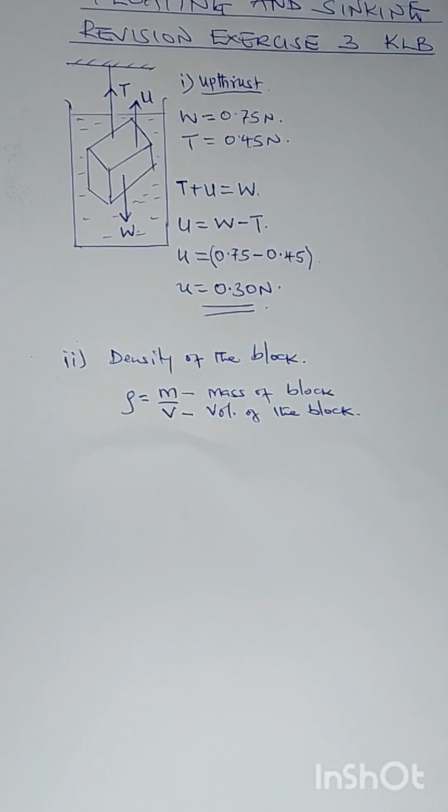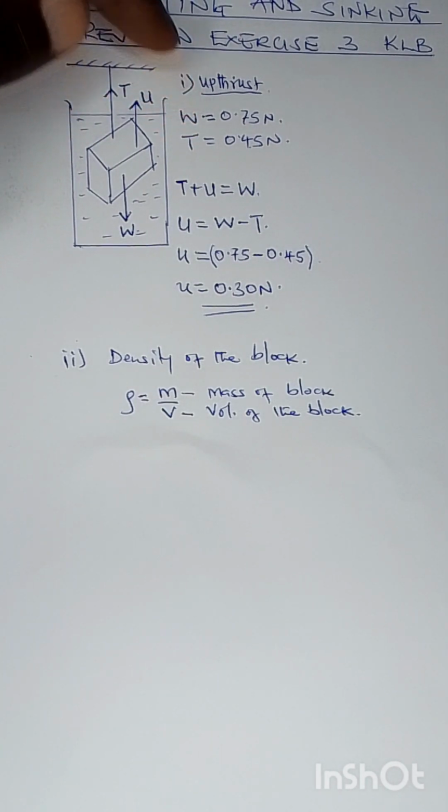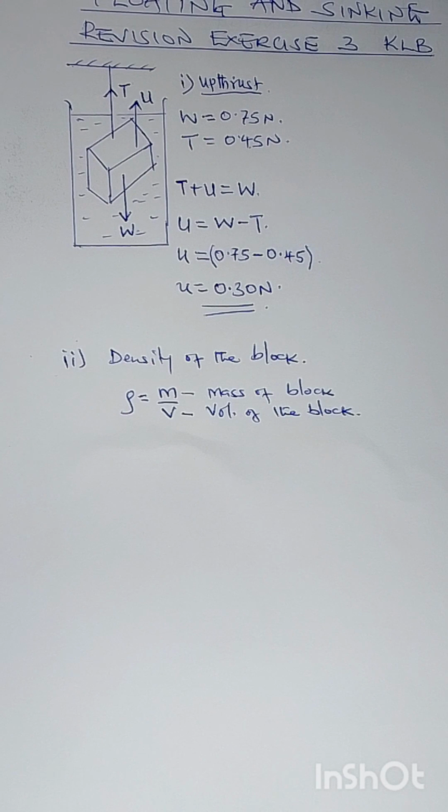Now, we can get the mass of this block because we are given the weight of the block up here, but whatever is lacking is the volume of the block. So to get the volume of this glass block, we get it from the upthrust.